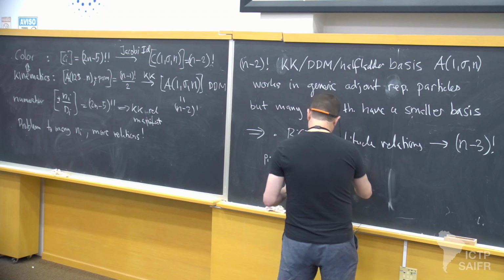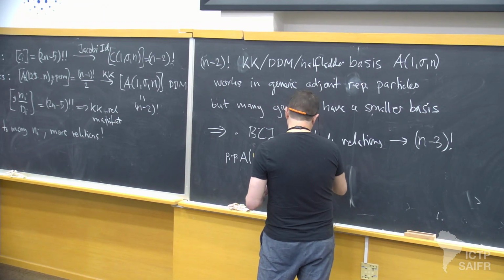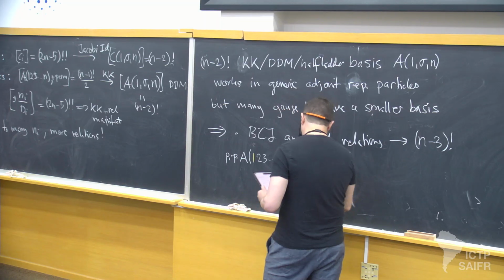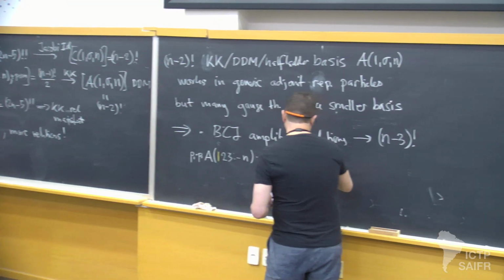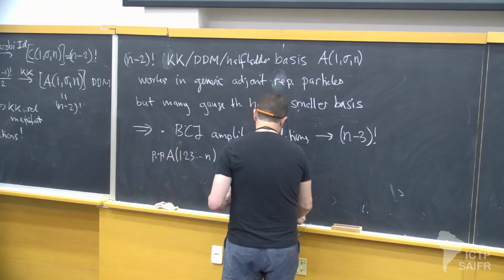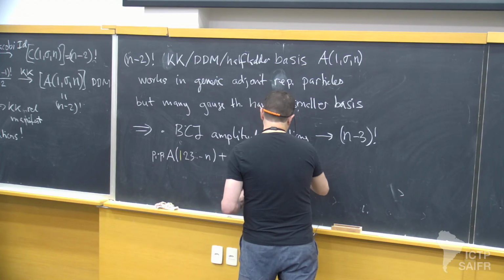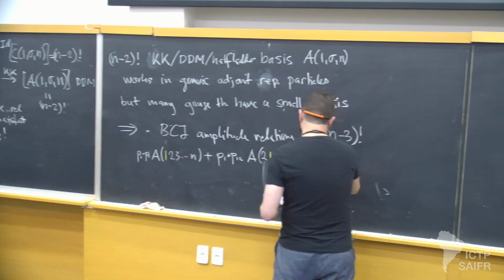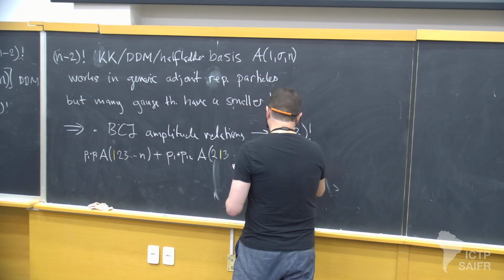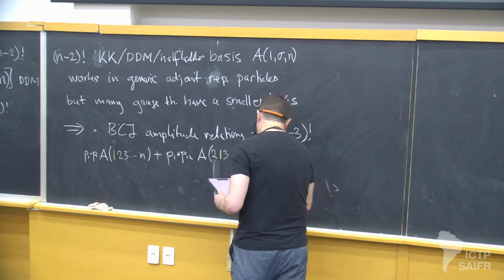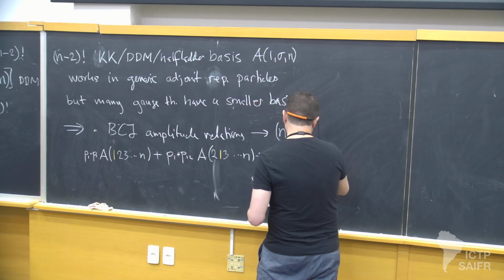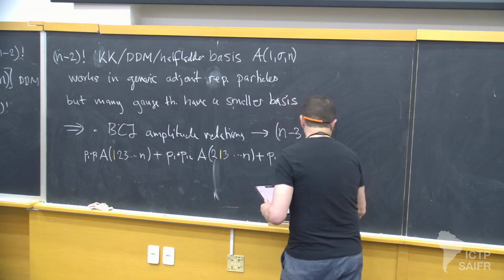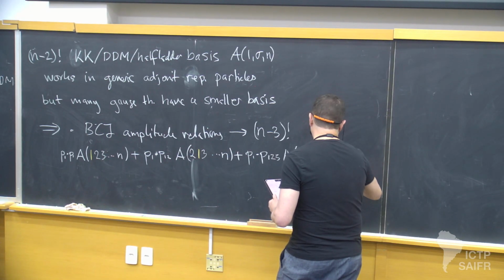Then we multiply by p1·p12, and then we write down the amplitude where we have moved particle 1, so now particle 1 is in the second location. Then we add more terms, so it's p1·p123 times A(2,3,1,...,n), dot dot dot all the way to n.